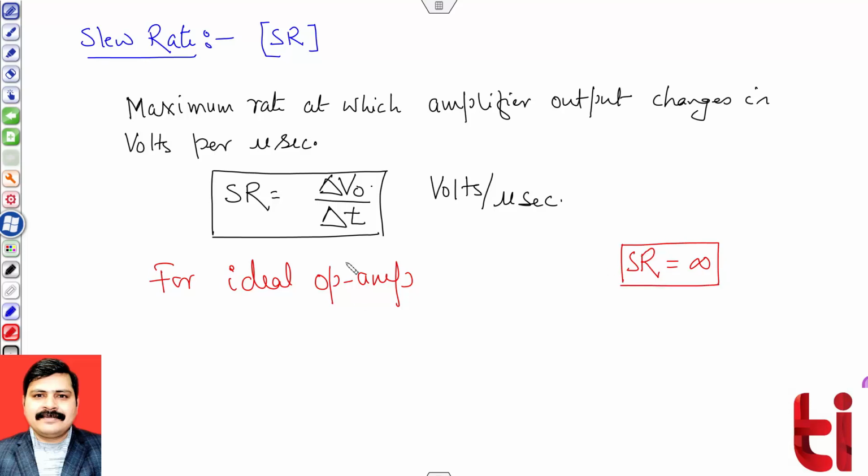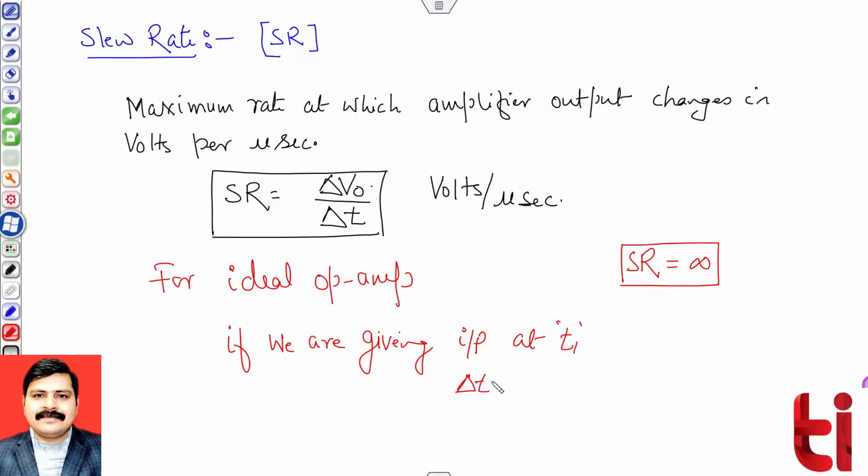Now we have to determine delta T, the change in time. Suppose we are giving input at instant t1, then ideally we don't want any delay.